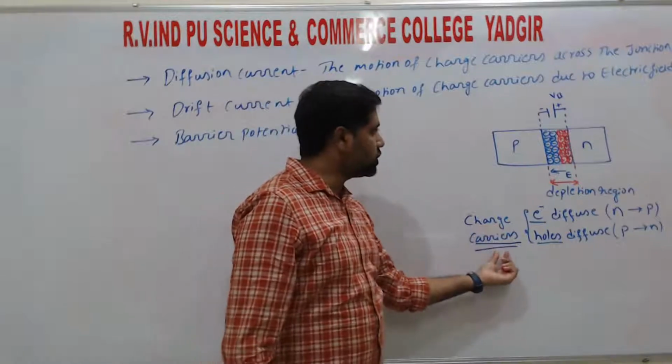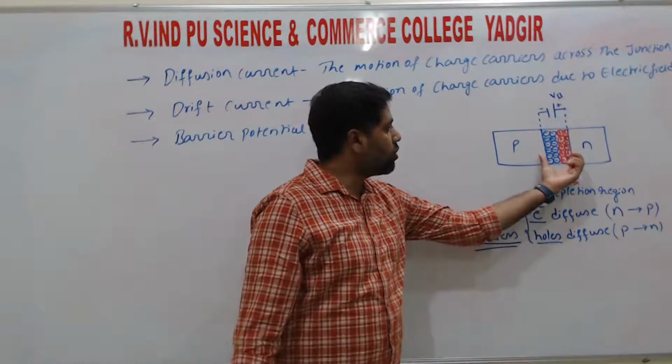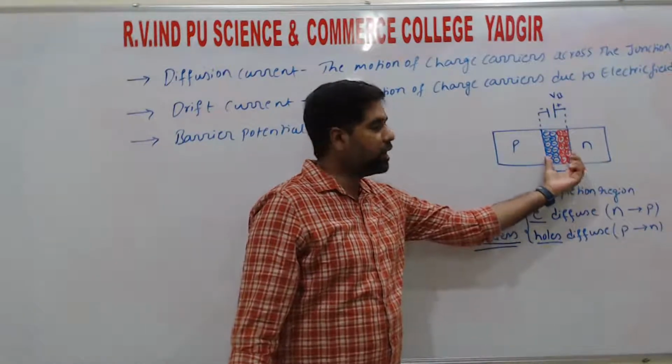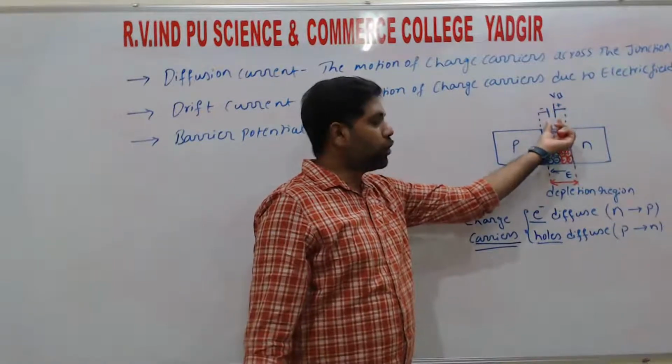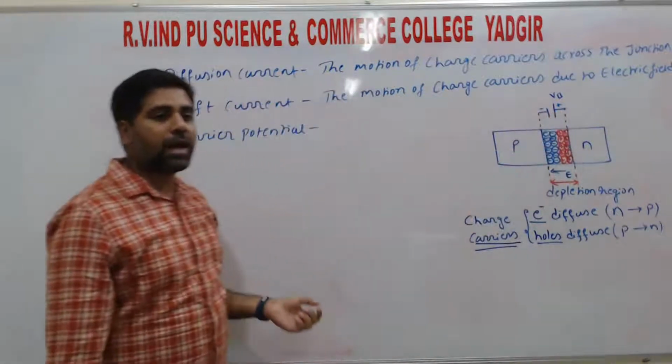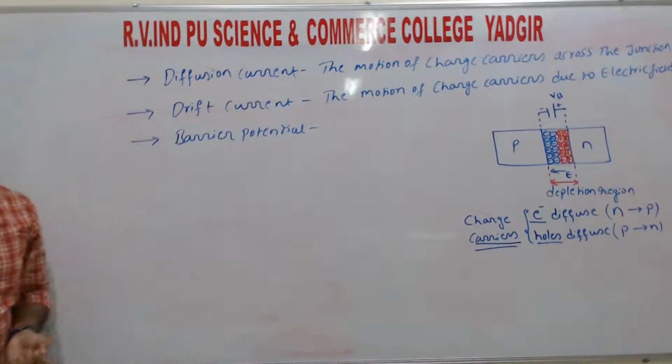Due to these charge carriers diffusing across the junction, a potential develops. That potential we call barrier potential, right?